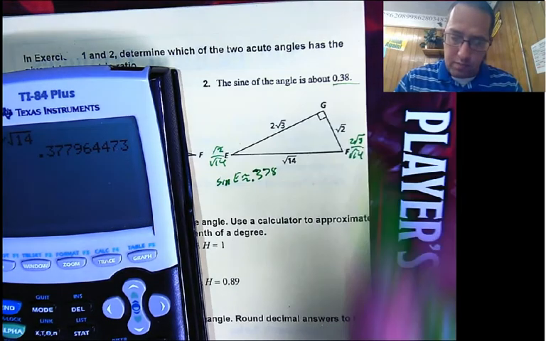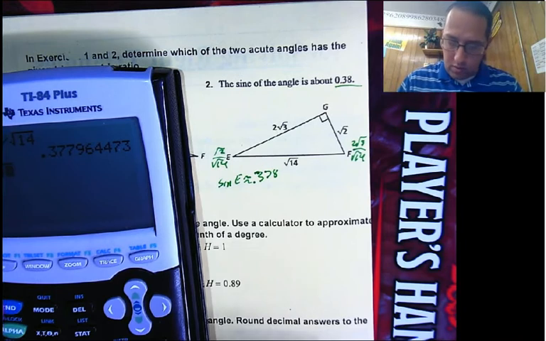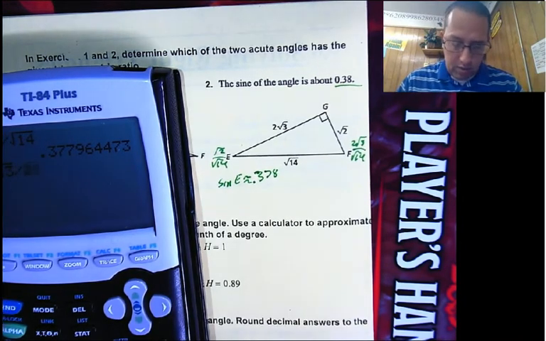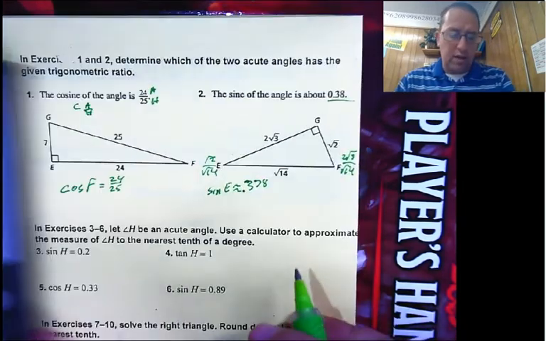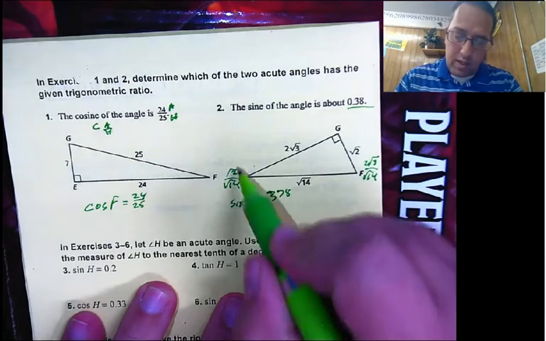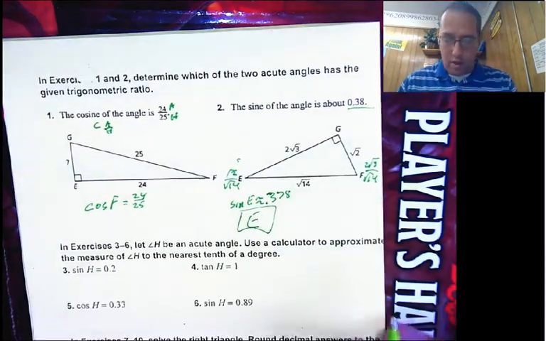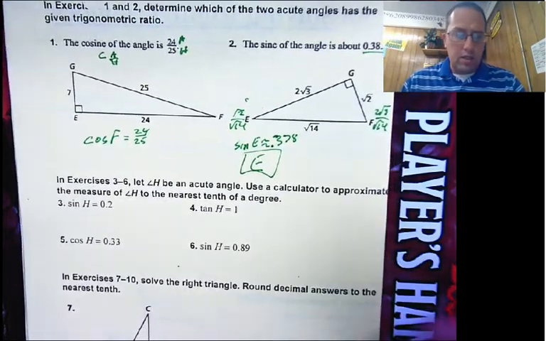That looks pretty good. Let's just double check the other one. We have 2 square roots of 3 divided by the square root of 14, which is 0.925. That's not a good fit. So it's going to be E. Angle E is the answer. Easy enough.